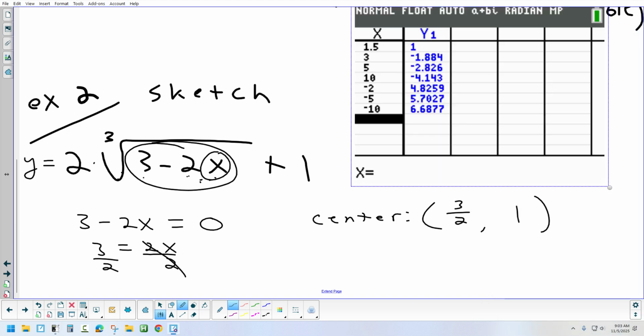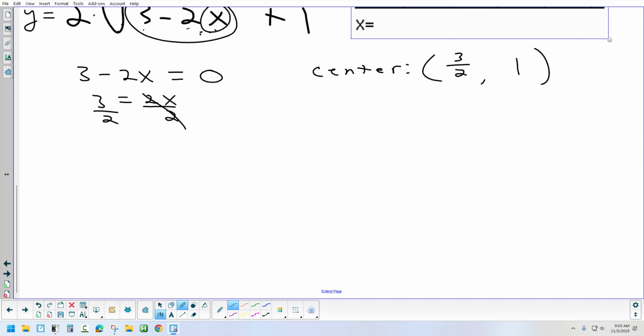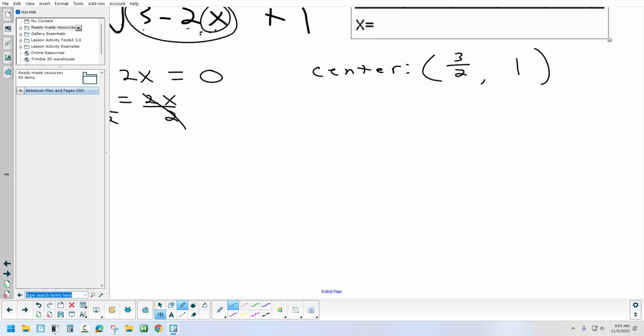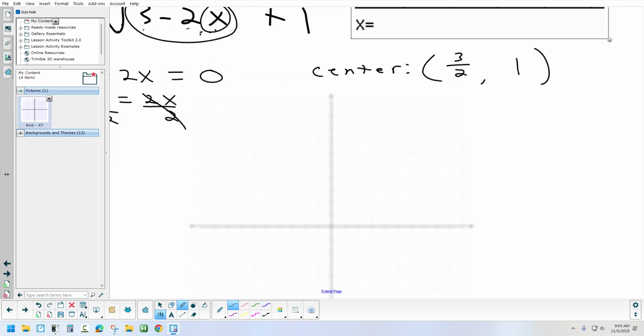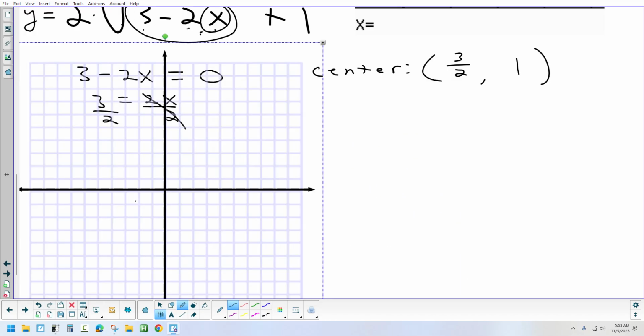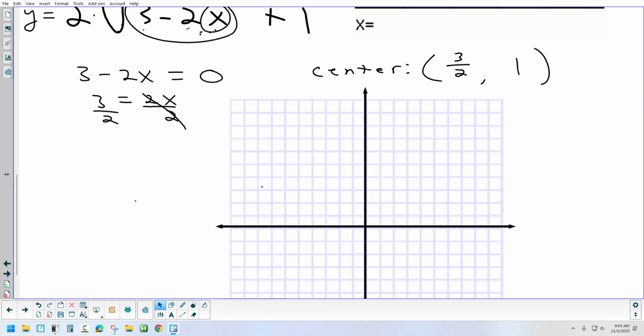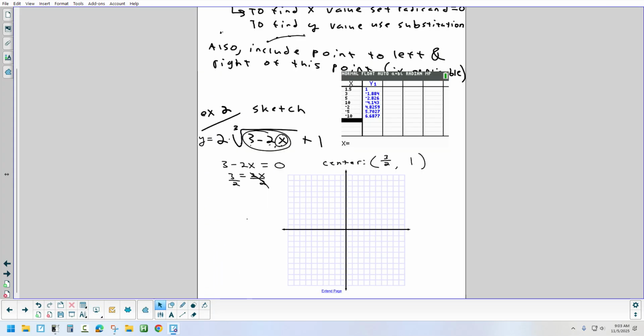Okay, now I'm going to graph all those points and see what I have. We're going to have to draw out the graph. As far as sketching, probably not on the assessment by hand.